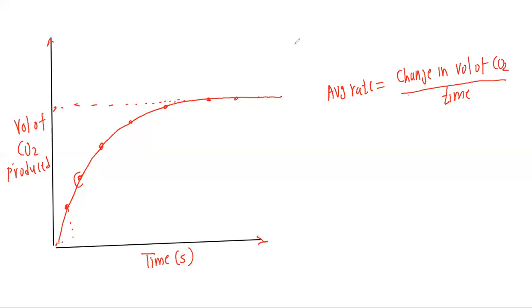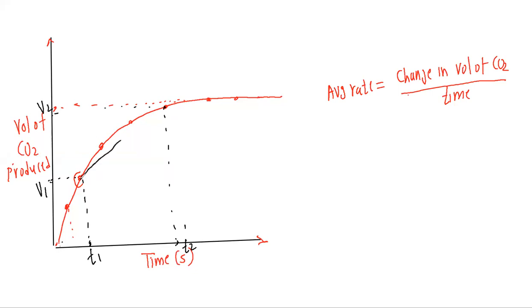Let's take the example. If we pick this time interval, I'll call this T1, and let's say another time interval T2, you find out the corresponding volumes. I'll call these V1 and V2.